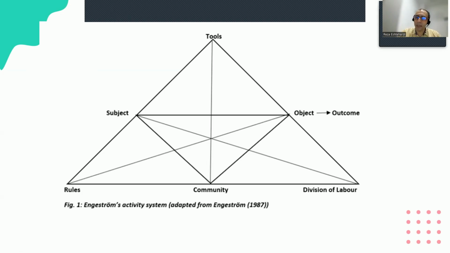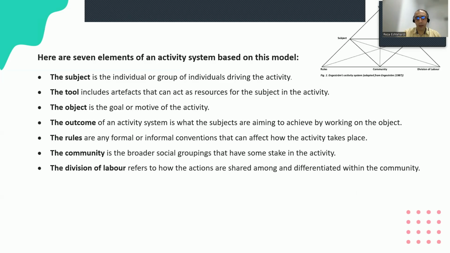So this theory gives us an understanding of how the system works, what the problems are, which we call contradictions, and how we can develop a learning system. These are the 7 components that I briefly talked about. The subject, in our case, CELTA courses.